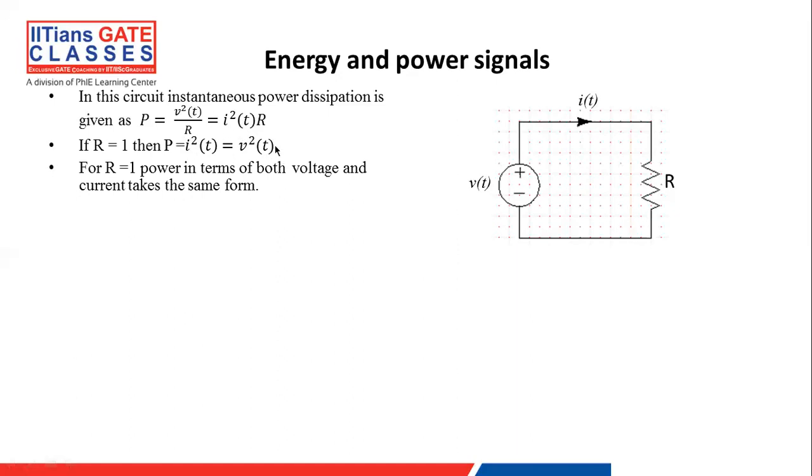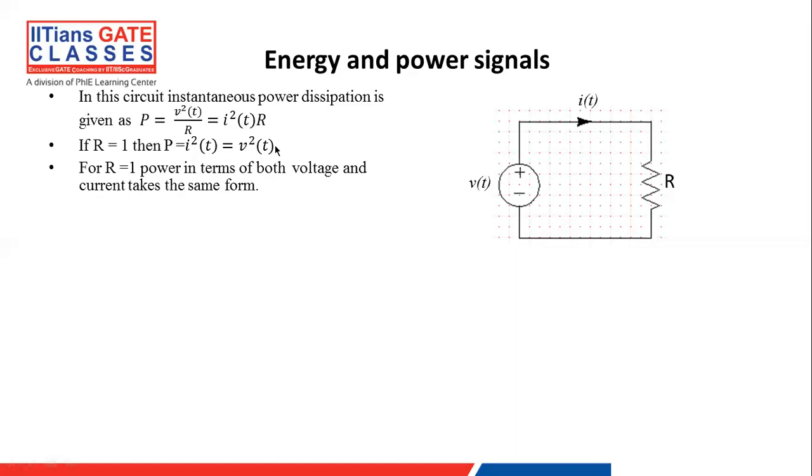In general, if you see any signal in signals and systems, it will never be specified whether it is a voltage signal or a current signal, and that this current is flowing through this many ohms, or this voltage is applied across this much resistance. It will never be specified like that. The only thing specified is that the signal has this expression.